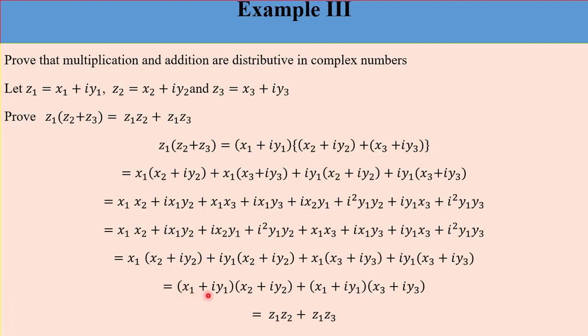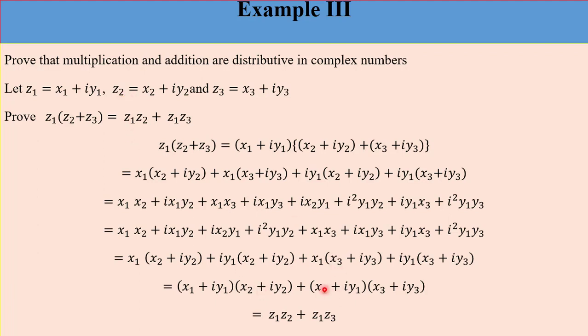And we shall remain with x1 plus iy1 into x2 plus iy2. Then since this term also is equal to this, they are the same, so let's pull it out. So we shall have x1 plus iy1 into x3 plus iy3. So this one automatically is equivalent to z1, and this second term is equivalent to z2.